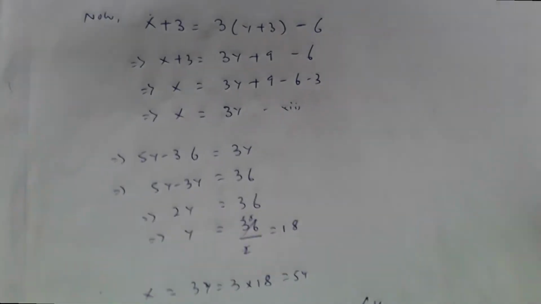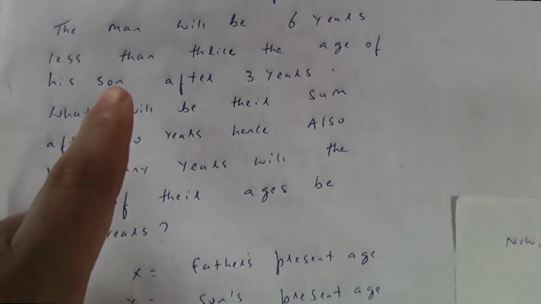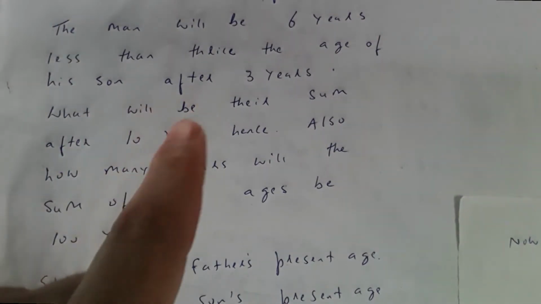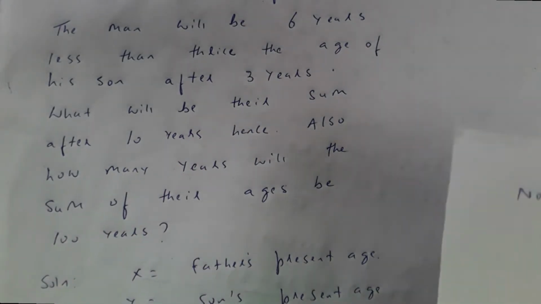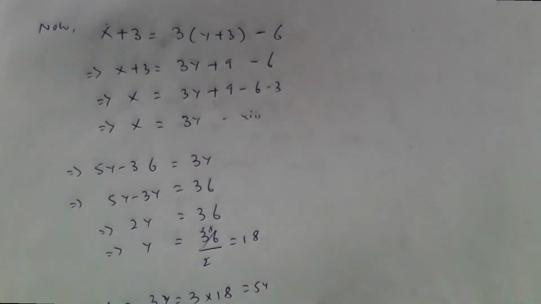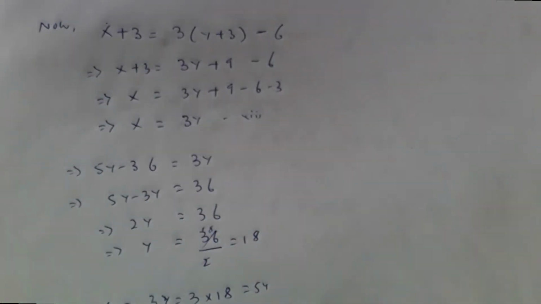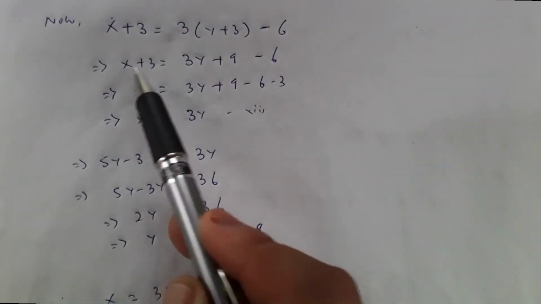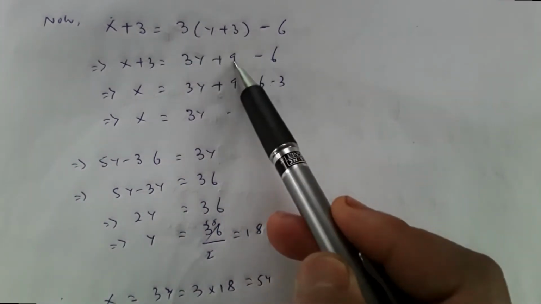The father's age will be 6 years less than 3 times the age of the son after 3 years. So x plus 3 equals 3 into y plus 3, that is 3y plus 9, minus 6.